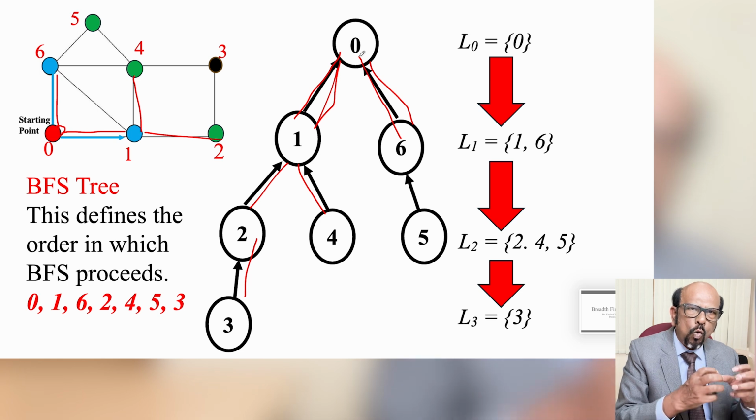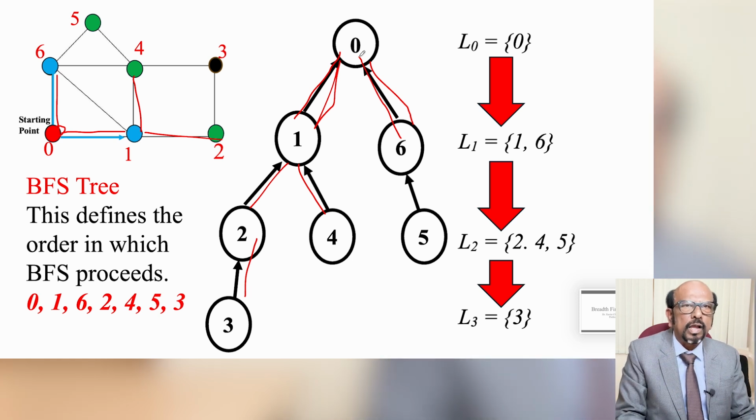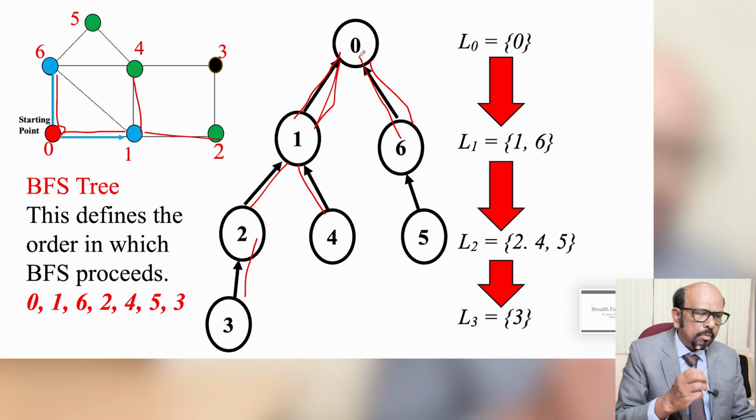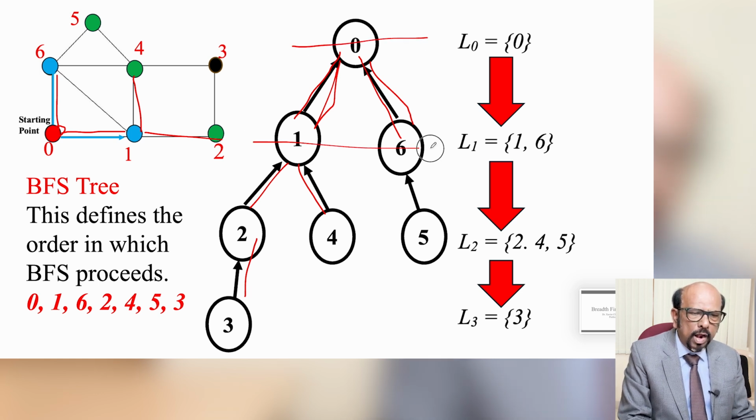Then, from 1, the nodes you are further visiting are 2 and 4. Similarly, for 6, it is 5. For 2, it is 3. So, this is called the BFS tree. The order in which the search happens is first 0, then 1 and 6, then the neighbors of 1 in the next level, 2 and 4, and then 5.